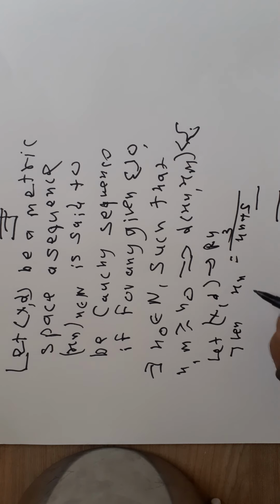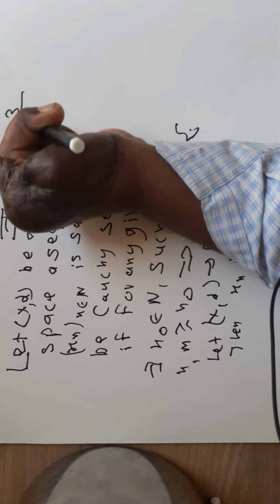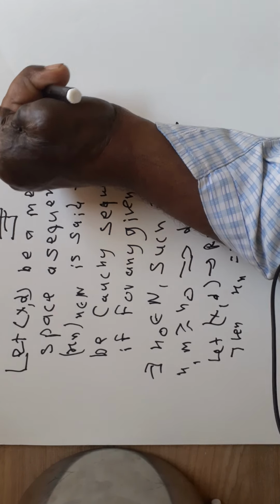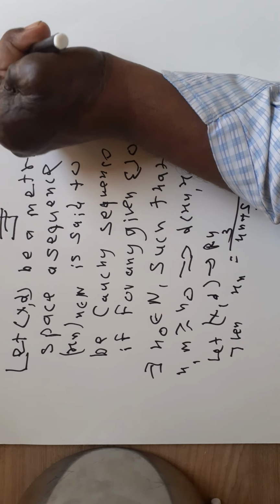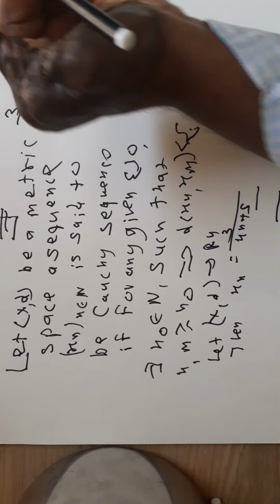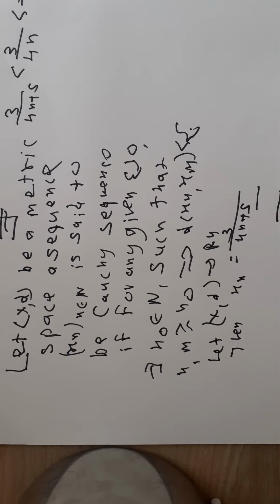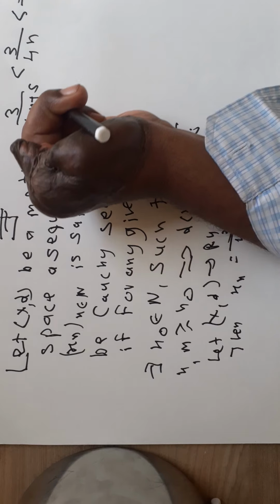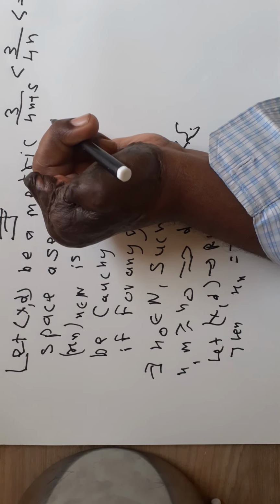We prove that the sequence xn is a Cauchy sequence in R. See here, 3 upon 4n plus pi is less than 3 upon 4n, which is less than 3 upon n, because 4n plus pi is greater than 4n.